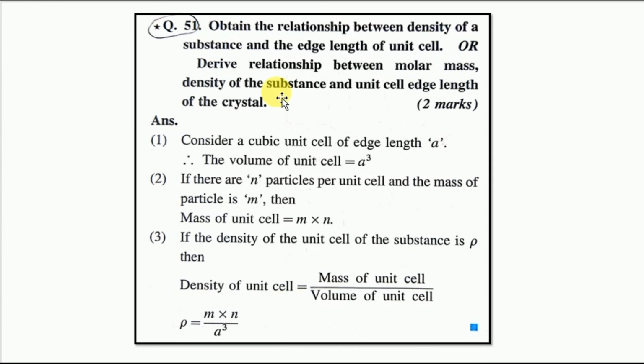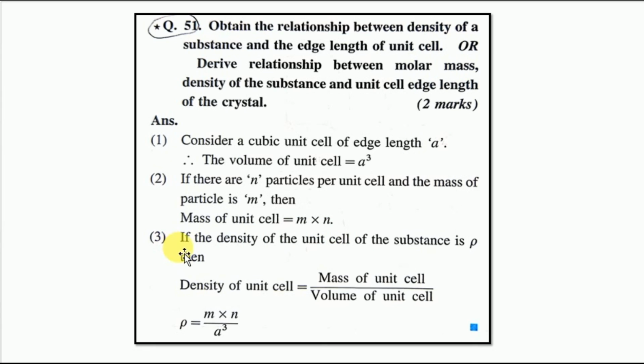So the last question is, obtain the relationship between density of a substance and the edge length of the unit cell. So your answer is, first, consider a cubic unit cell of edge length A. The volume of unit cell is equal to A cube. Second point is, if there are n particles per unit cell and the mass of the particle is m, then mass of unit cell is equal to m into n.